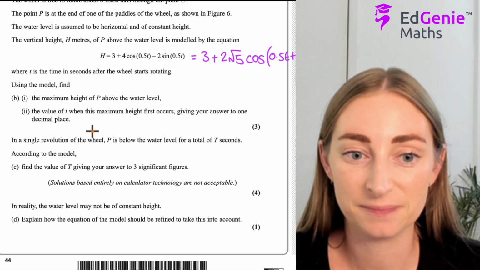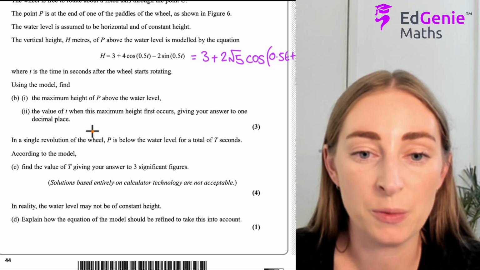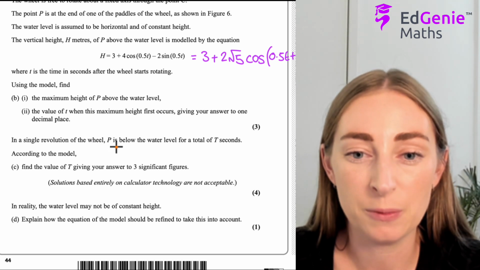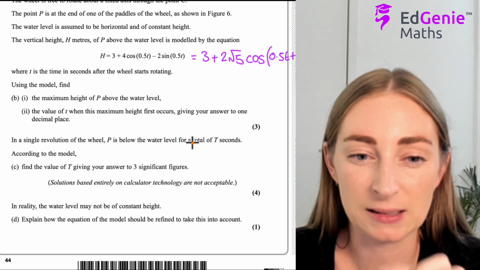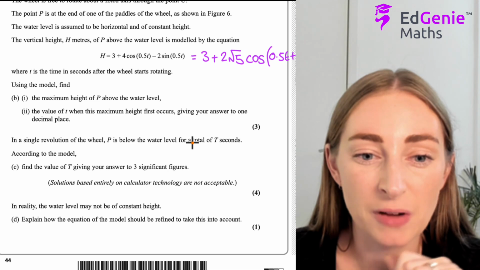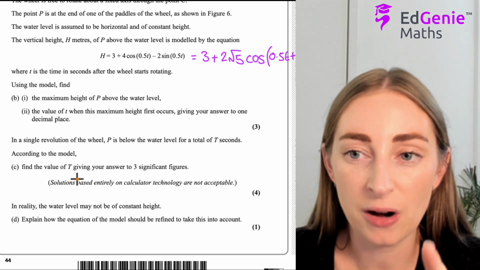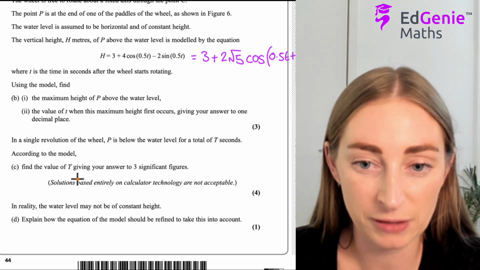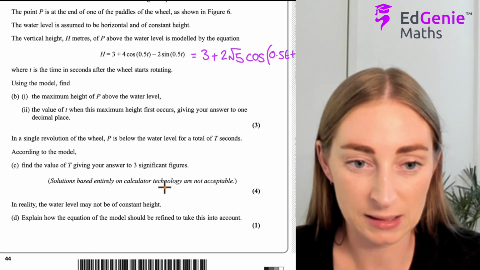Okay, done. In a single revolution of the wheel P is below the water level for a total of t seconds. According to the model, find the value of t, giving your answer to 3 significant figures. Right, let's have a go at that.